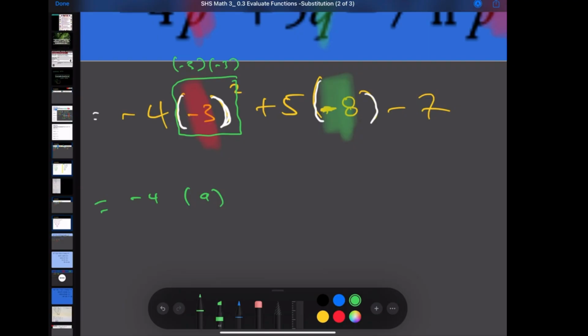Yeah, you're right. Multiply. What do you get? Yep. Raiden, what do you want to do next? What do you get? Good. Keep going.